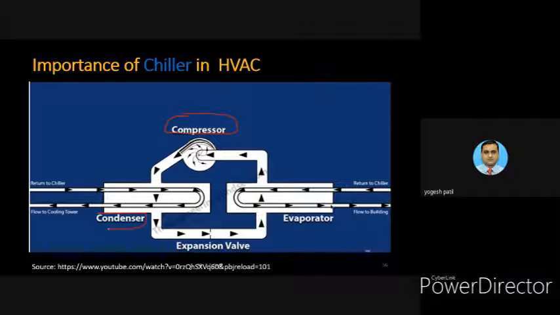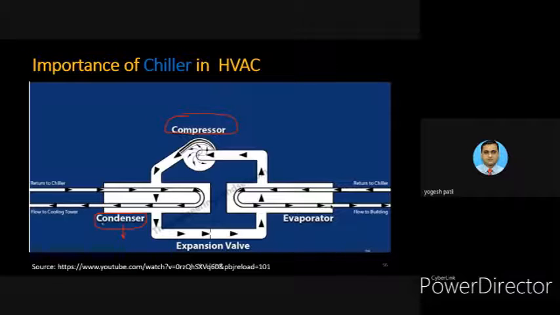The second important part of this chiller is the condenser. The condenser again depends on the type of chiller. There are mainly two types of chillers, if we look at the literature: air cooled chillers and water cooled chillers. The names are given based on the supporting component in the condenser.